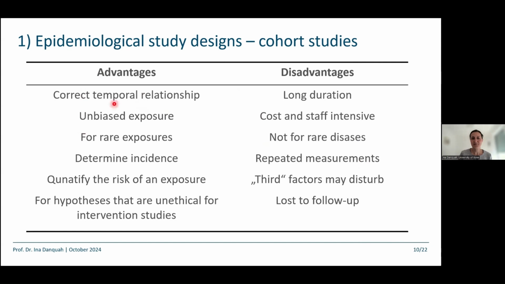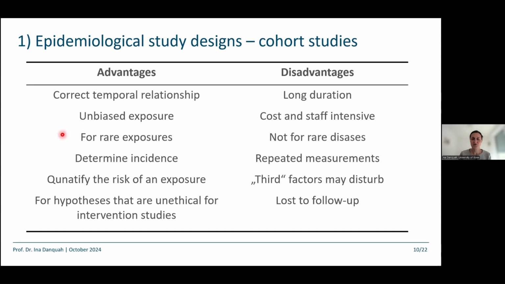We do have an unbiased exposure, which means that participants are not prone to give different answers or will be differently assessed due to their outcome status because the outcome is yet to be developed. We always start with individuals who are free of the outcome of interest. And that's why we can measure our exposure in an unbiased way.